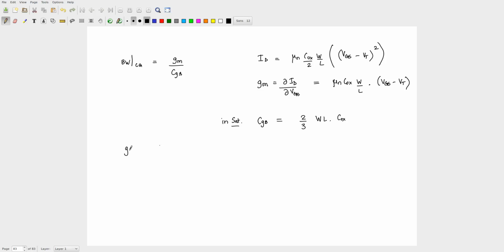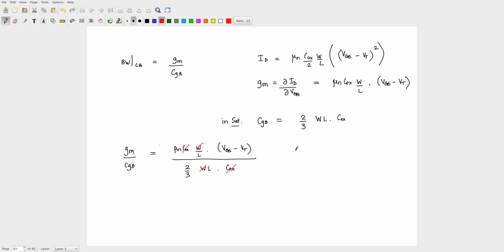What would gm by CGS be now? It would be mu n Cox W by L into (VGS minus VT) divided by 2/3 WL into Cox. So what will happen? Cox goes, W goes.